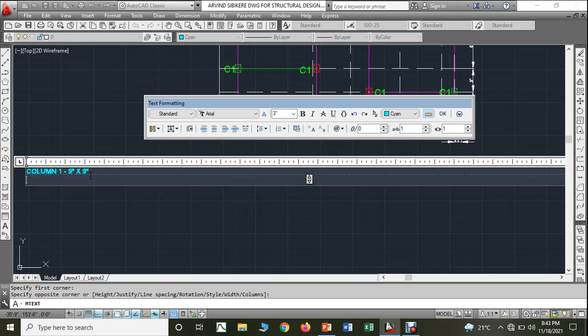Now I have another column, which is a medium load bearing column. I will make it column number 2, with the shorter dimension unchanged at 9 inch and the longer dimension 1 feet.